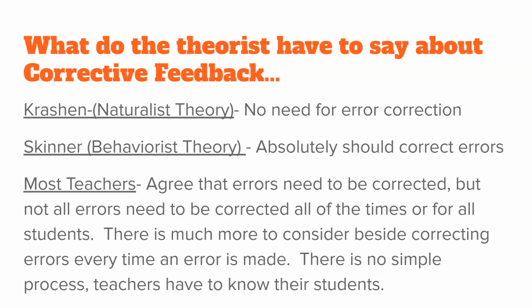Okay, so there's no simple process, and we have to consider the learner's English proficiency level, because when they are in those lower levels, we don't want to be correcting them all the time. That is going to make them shut down and stop experimenting, negotiating with the language.